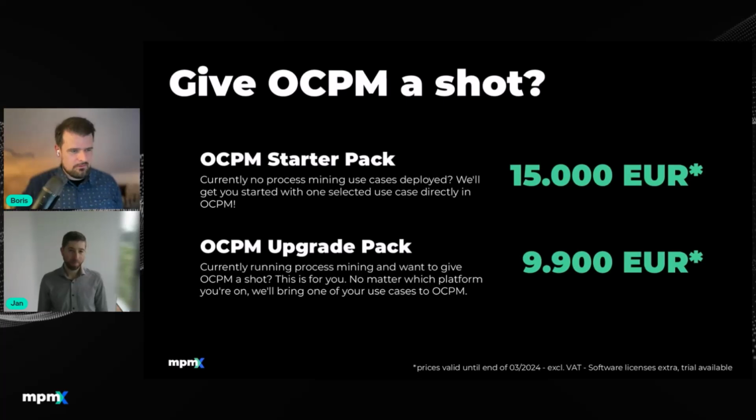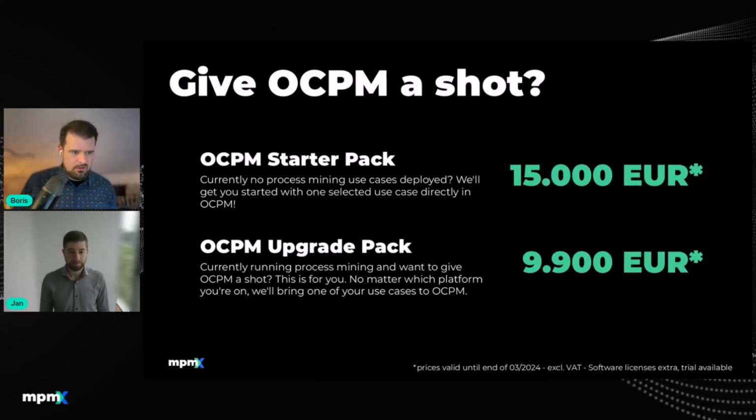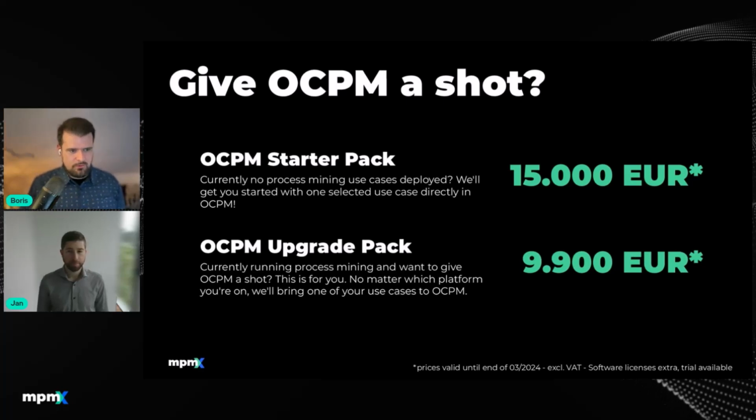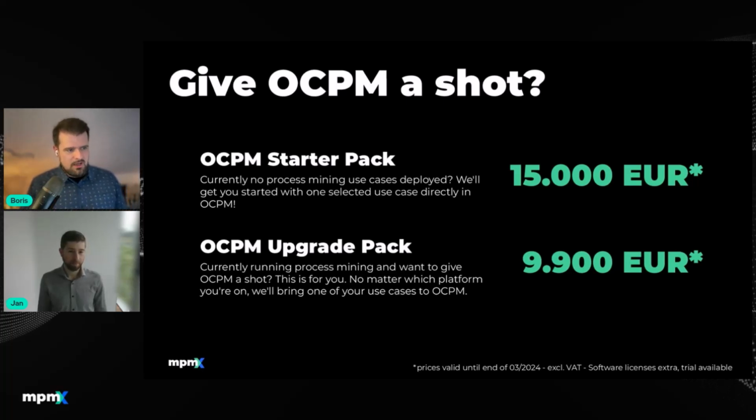All right, brilliant. Well, thanks a lot, Jan. We're coming to the end of our half hour. What I want to leave you with is how to give OCPM a shot. If you're already a customer of either mpmX or another process mining solution, we enable you to run OCPM based on what you already have. We've got an upgrade pack at a reduced rate, or if you're not using OCPM or any process mining solution yet, we also have a starter pack.